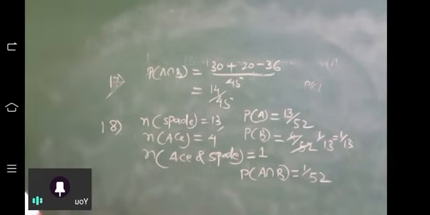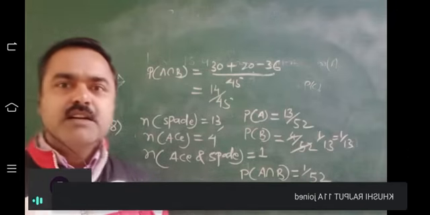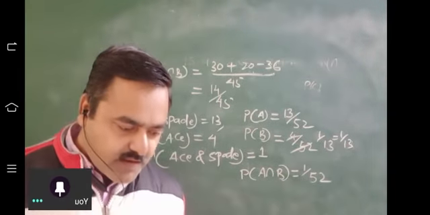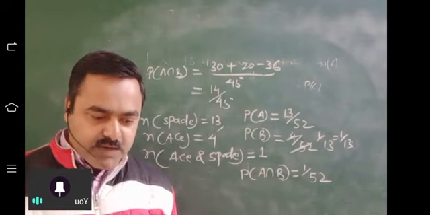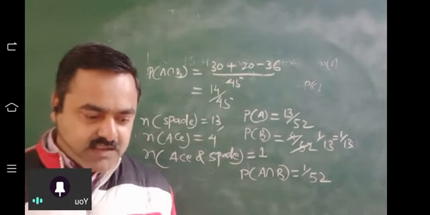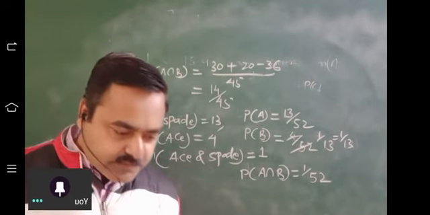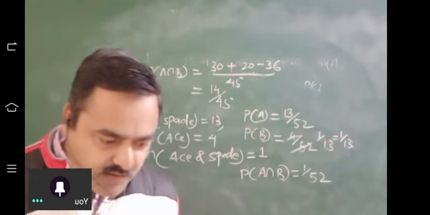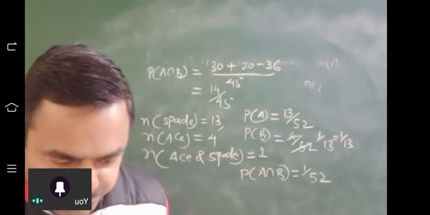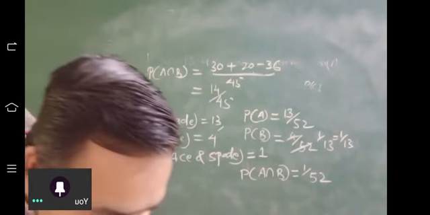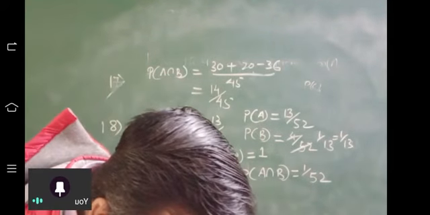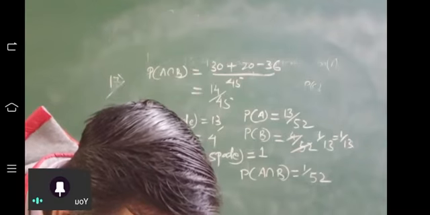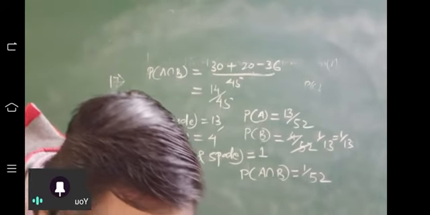Now what is to be determined here? It is asking what is the probability that it is either spade or ace or both. ठीक है?